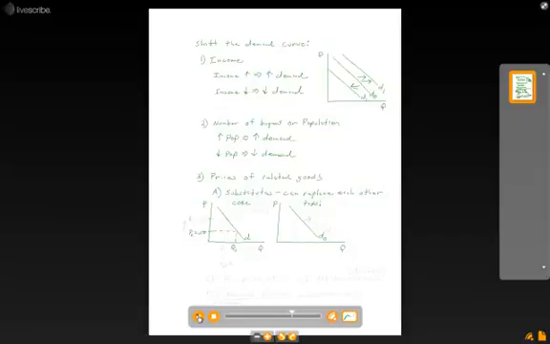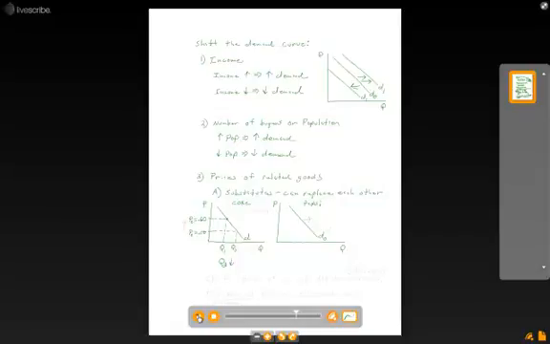Now, what if the price of Coke goes up to 60 cents per can? Ceteris paribus, since the price of Coke went up, and that's the only thing that changed in the market, the quantity demanded of Coke is going to go down.